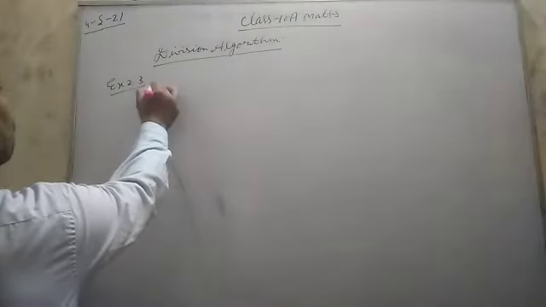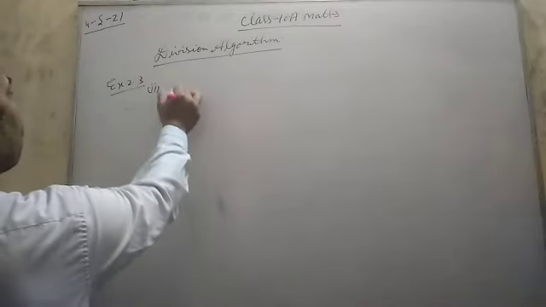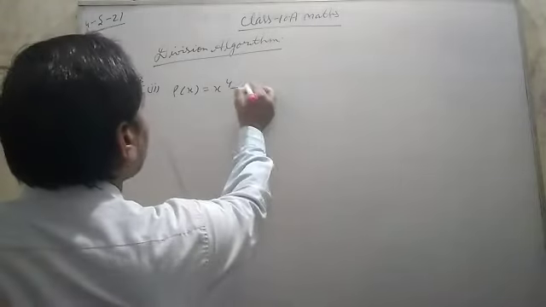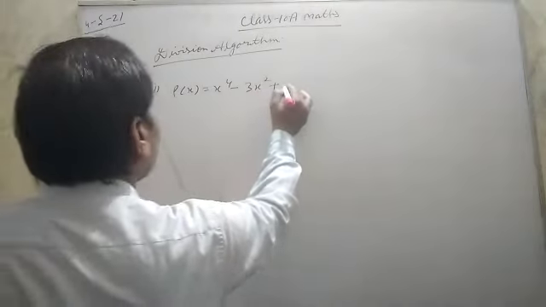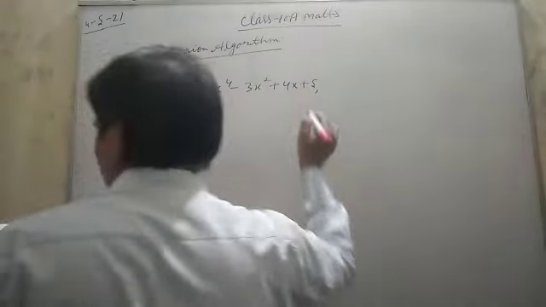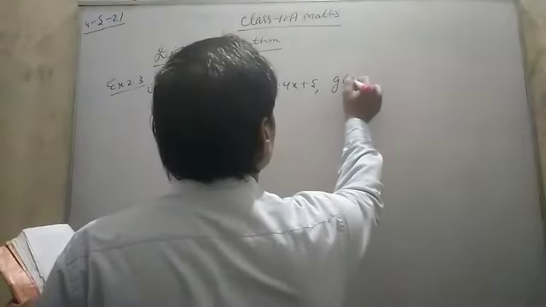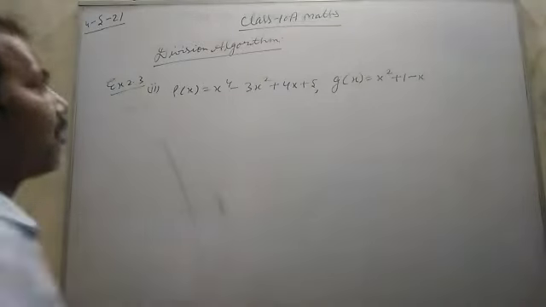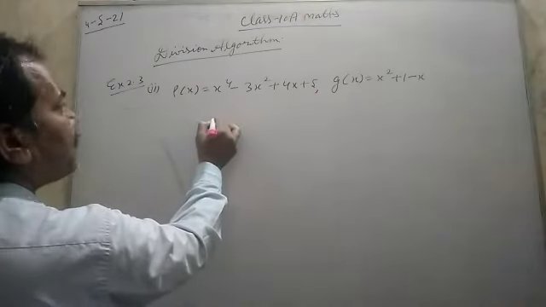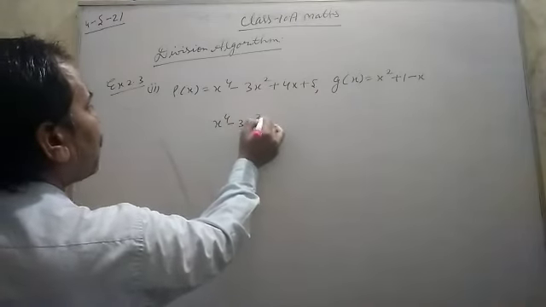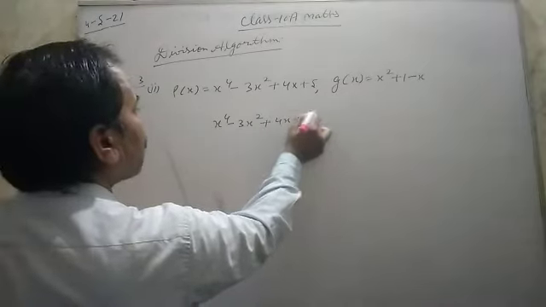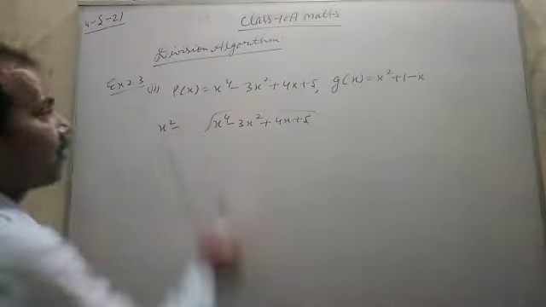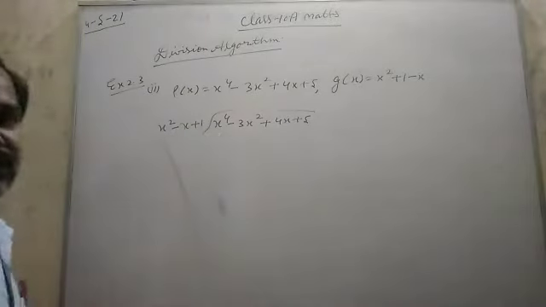Then the second part: p(x) is equal to x power 4 minus 3x square plus 4x plus 5, and g(x) is equal to x square plus 1 minus x. So divide p(x) by g(x). Write in proper order: x square minus x plus 1.